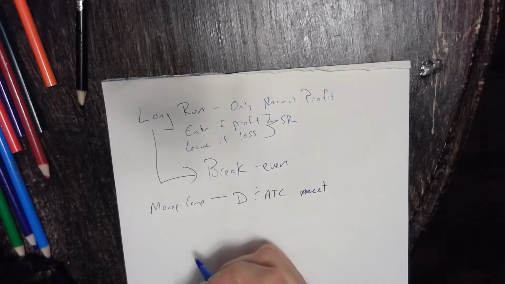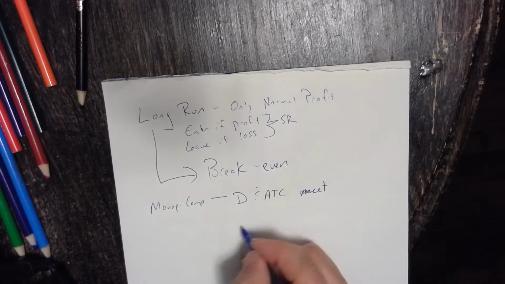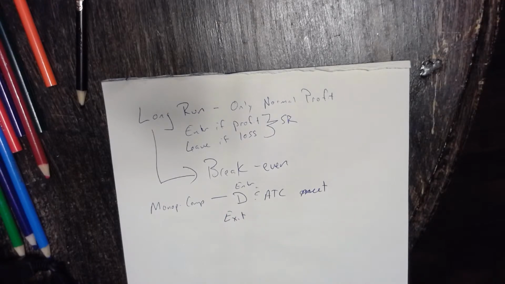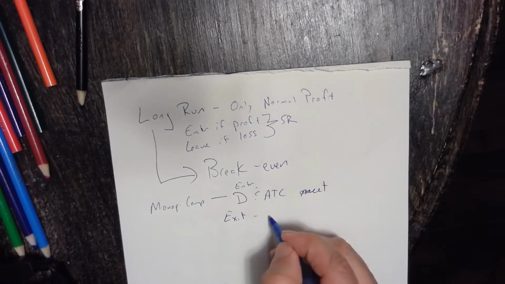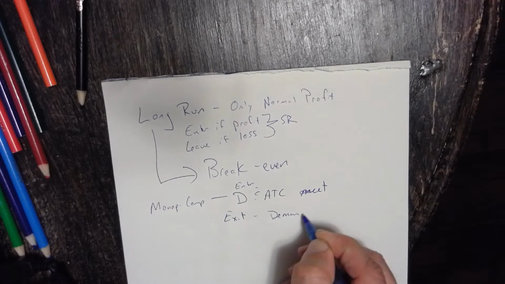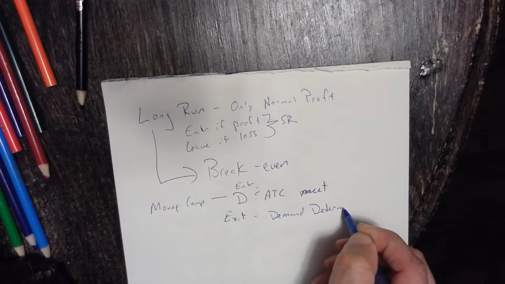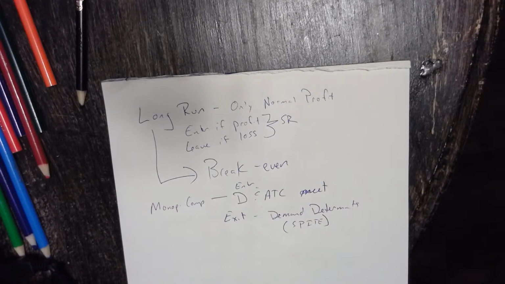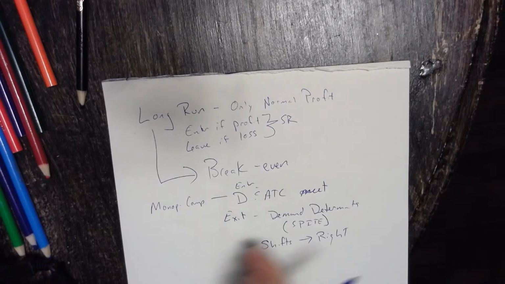One of the things that will cause firms to exit is if there is one of the demand determinants, and just to remind you guys, it's SPITE, if the curve shifts to the right, which it can in this model, firms will leave because it will show losses.